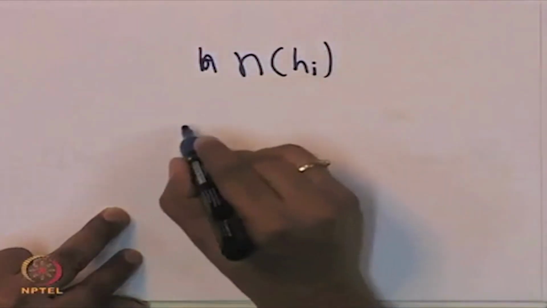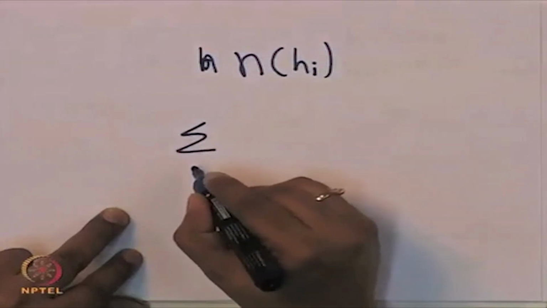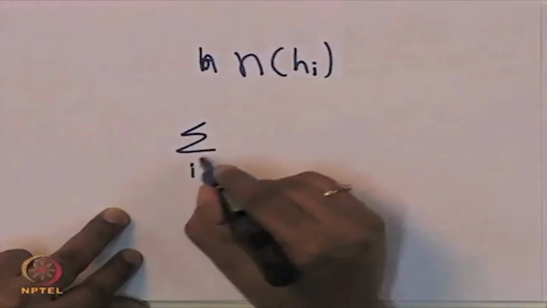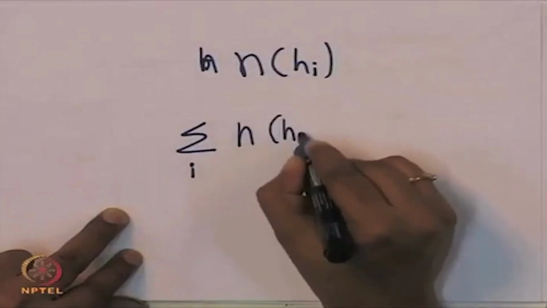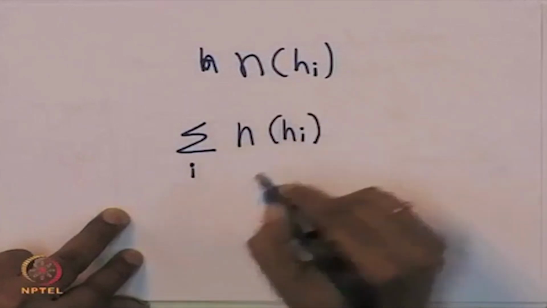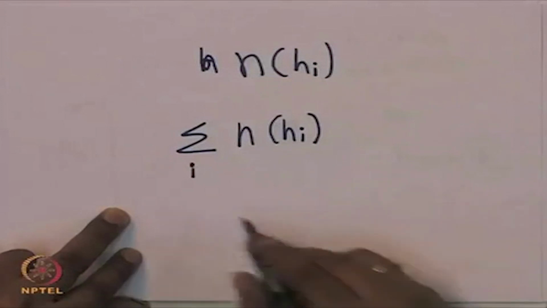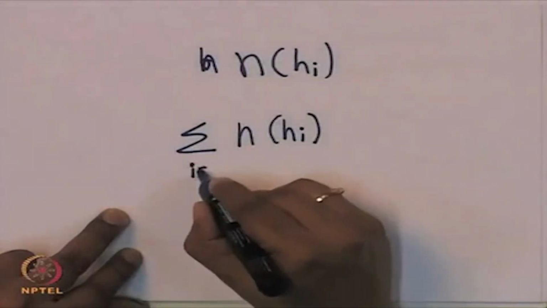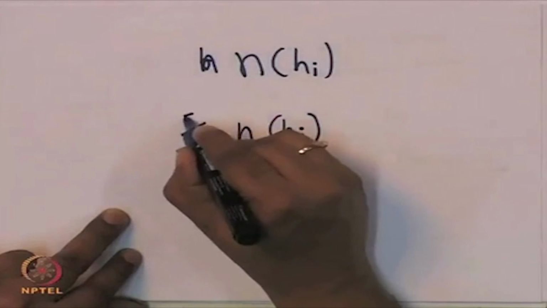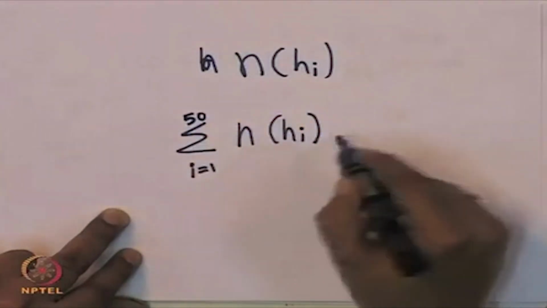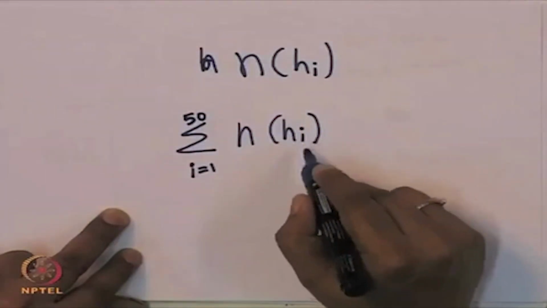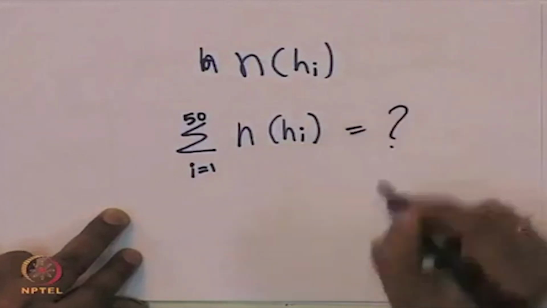Now, if you do this sum over i of n of Hi, what does this mean? If I write the sum over i equal to 1 to 50, there are 50 different heights now. What does this imply?